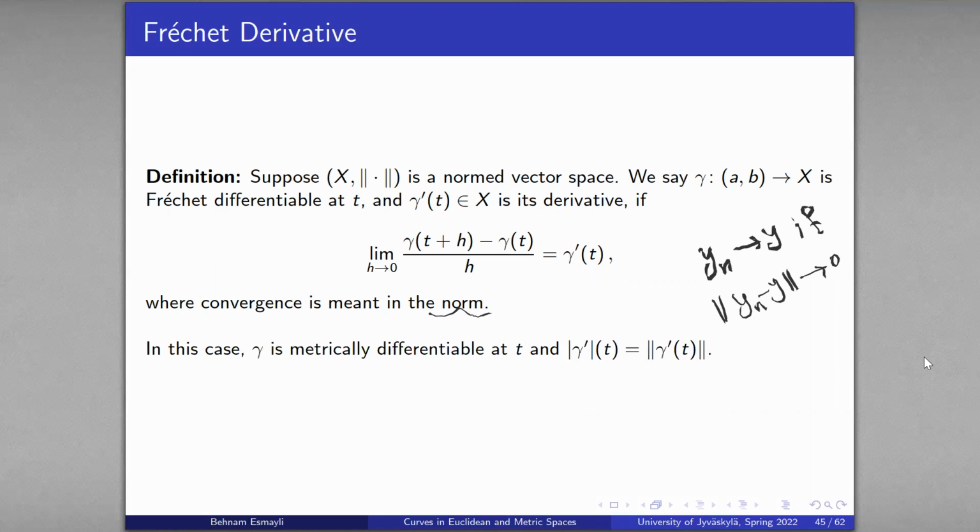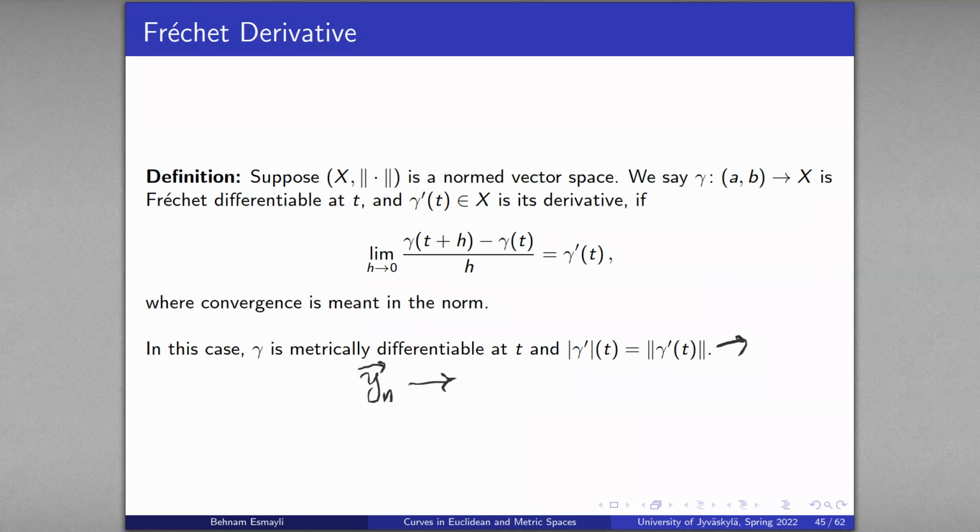The claim is that if you have a curve that is differentiable in this strong sense, then it is differentiable in the previous sense of metric differentiability. So therefore, metric differentiability is a weaker requirement on a curve than Fréchet differentiability. The proof of this is because if you have a sequence of vectors in a normed vector space that converge to y in norm, then the modulus of those vectors converges to the modulus of the limit.